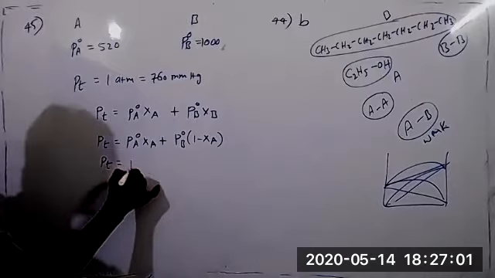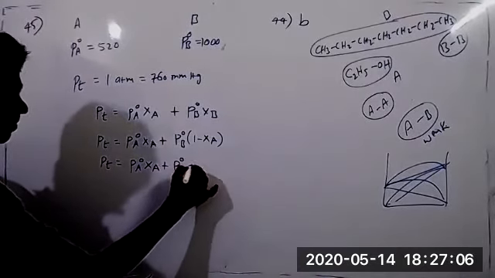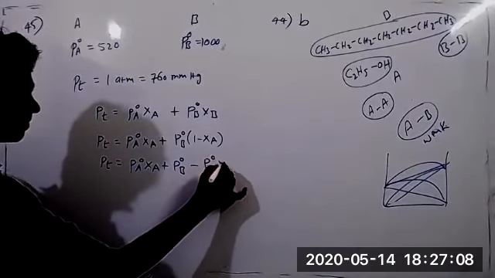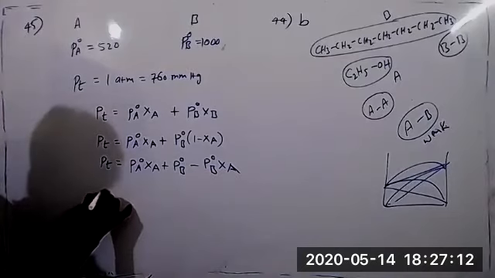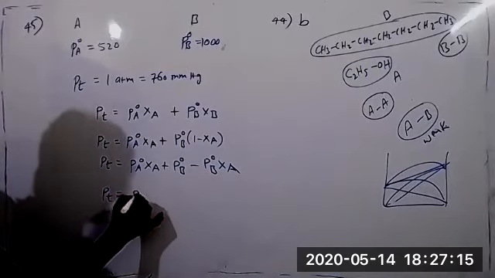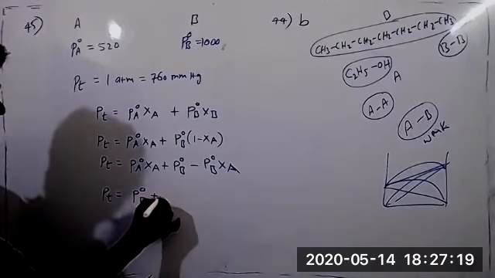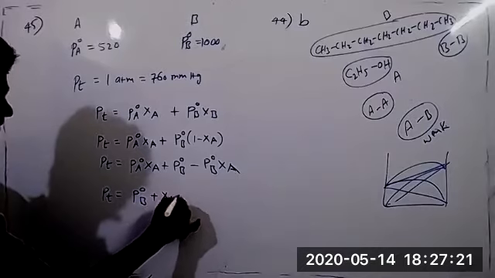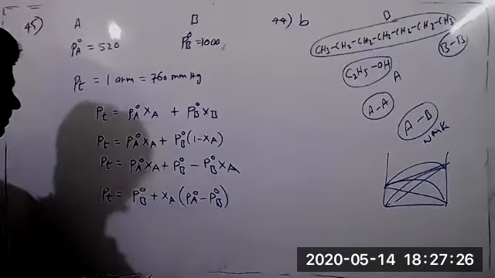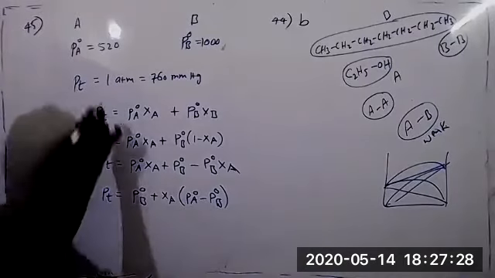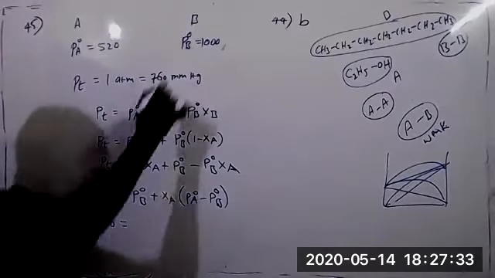P total is equal to PA power 0 into XA plus PB power 0 minus PB power 0 XA. Now XA take common. P total is equal to PB power 0 plus XA into PA power 0 minus PB power 0. P total is 1 atmosphere, means 760 mmHg is equal to PB power 0, 1000.